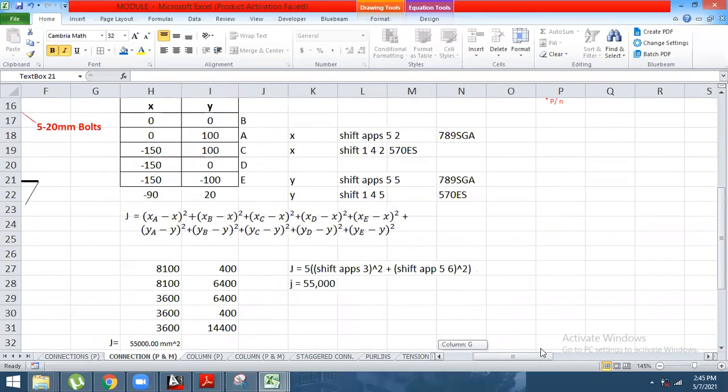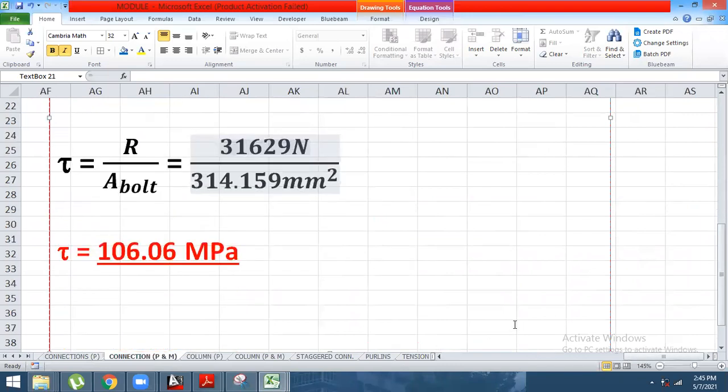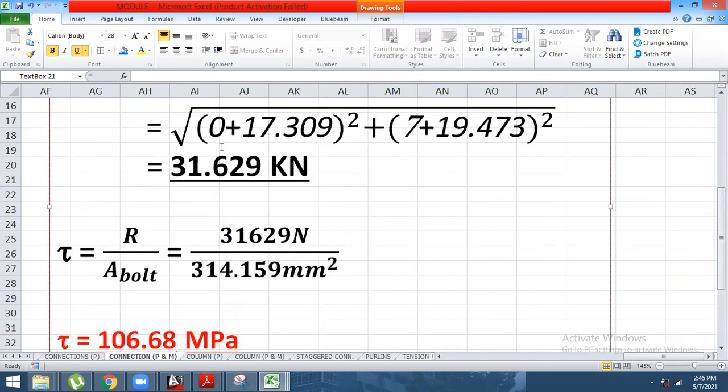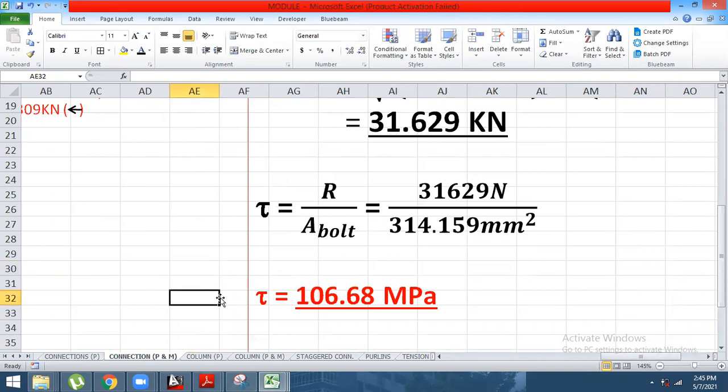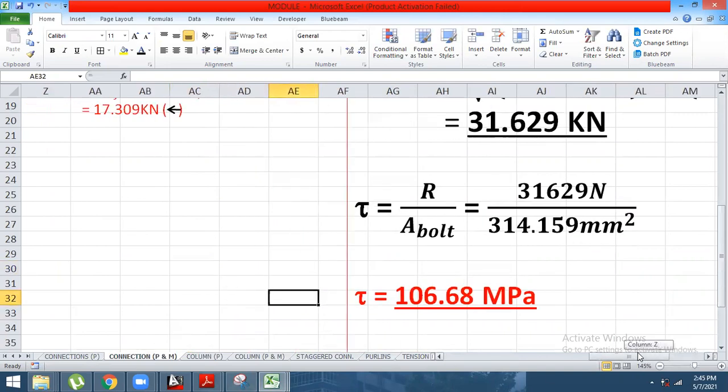So we will generate a shear stress of 100.68 megapascal. That is 31,629 over pi over 4 times 20 squared, which is 314.15. So that is how we get the shearing stress in the bolt.